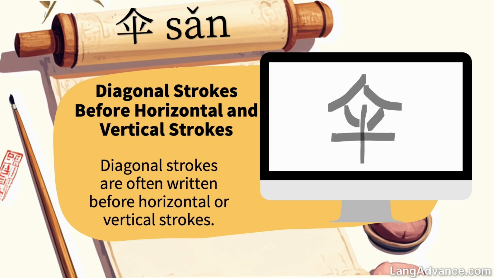This word san, which means umbrella, is the perfect example of showing the diagonal strokes before horizontal and vertical strokes. So you will see the diagonal strokes that form the slanted parts of the umbrella are written first. Then the horizontal stroke that represents the top of the umbrella and the vertical stroke, it connects everything.